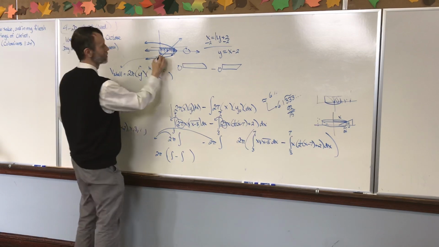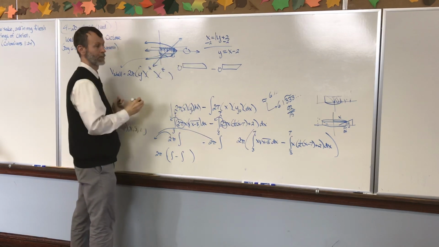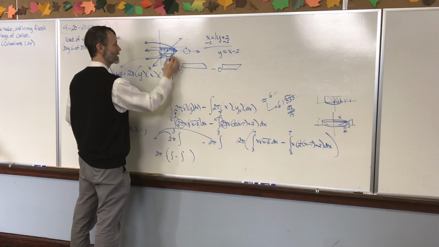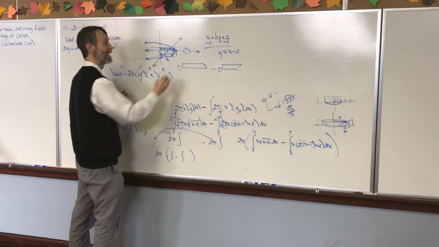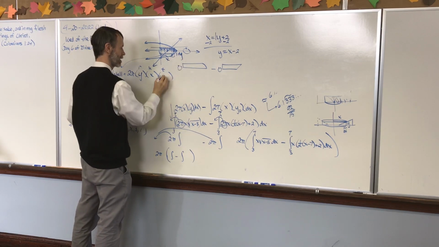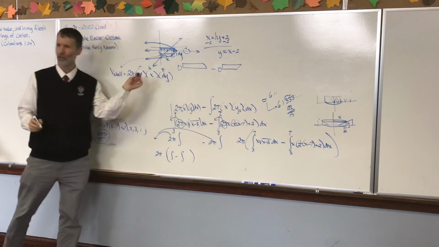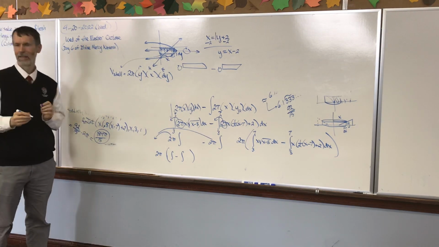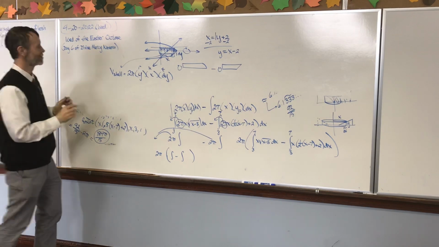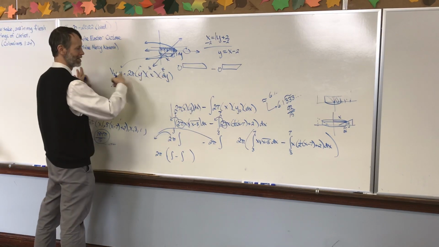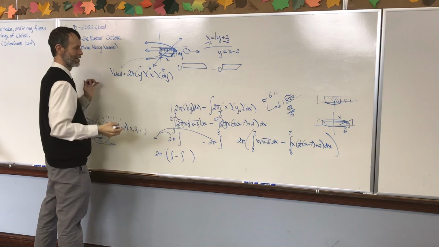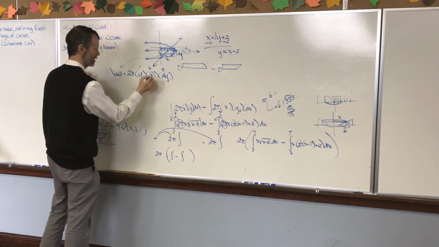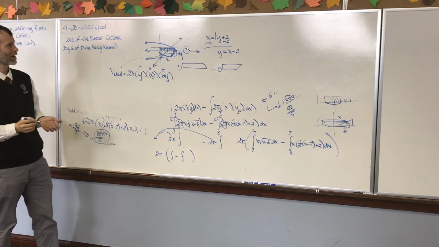What's the height? That's x. What's the thickness? dy. Exactly. Can I integrate this as is? Why not? Because of the x. Yeah, the x is the oddball here. Is there a way to fix that?